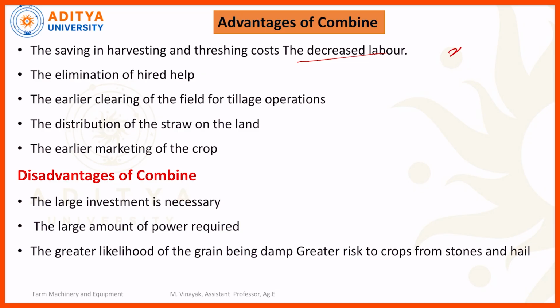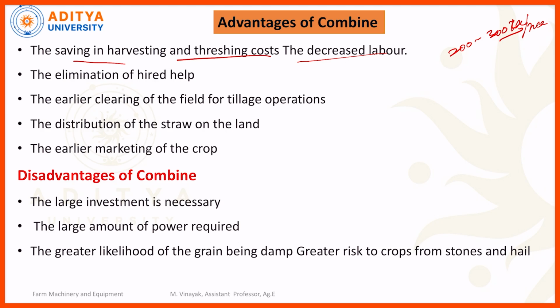Coming to the cost, per person we can take 300 rupees, so almost 9,000 to 12,000 rupees was required to harvest 1 hectare of grain area. The threshing operation also involved a similar cost, that is 8,000 we can take, so almost 20,000 rupees was required to harvest 1 hectare of land area.